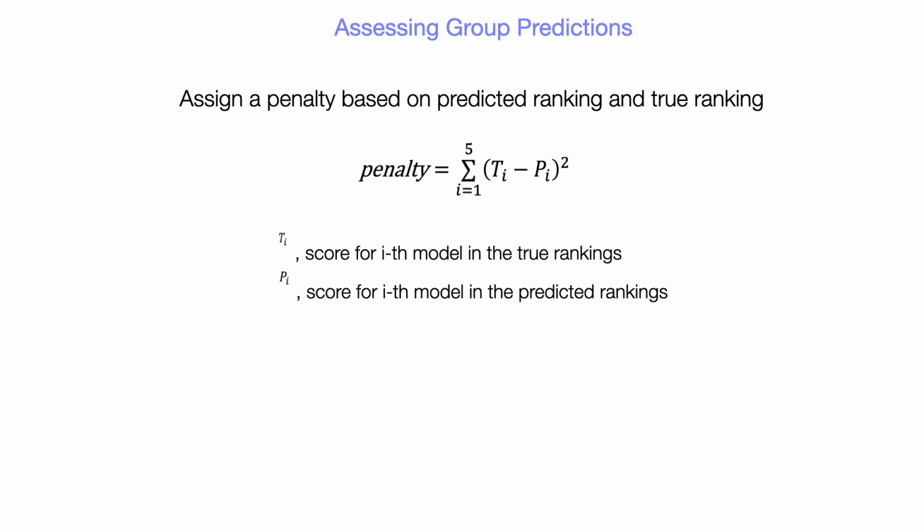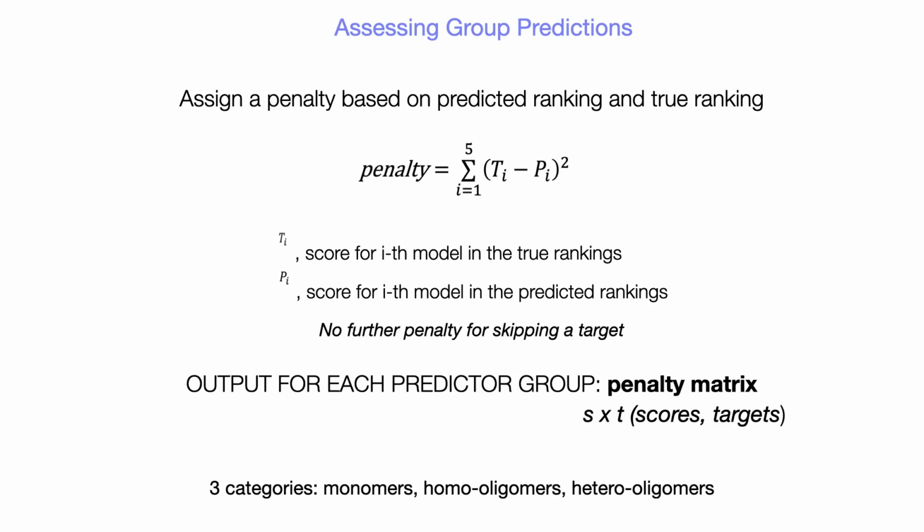The penalty is just the squared difference between the score that the first model has in the true ranking that we've calculated, versus the true score of the model that somebody has put as their first. Then we sum over i, from first all the way to 5th place. There is no further penalty for skipping a target.